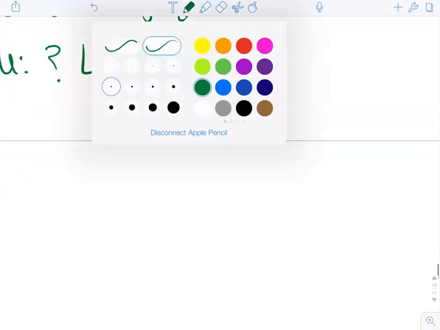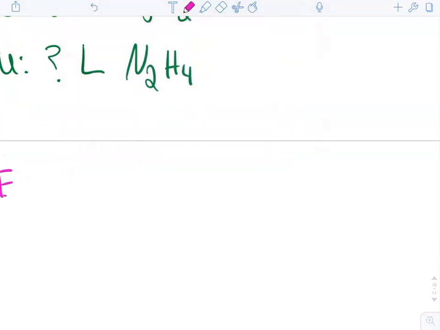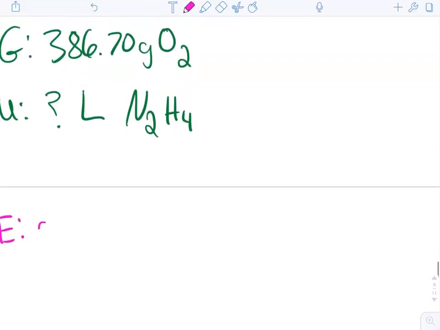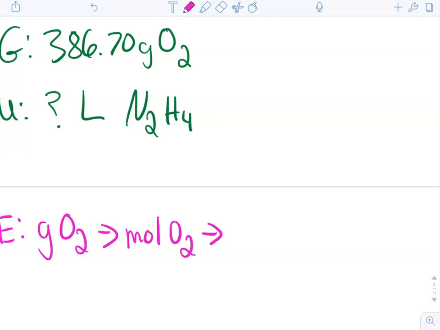So then we've got to figure out how we are going to get there. We always start with what we're given. And then I hope that you figured out by now that you're always going to go to mole of your given and then your mole of your need.